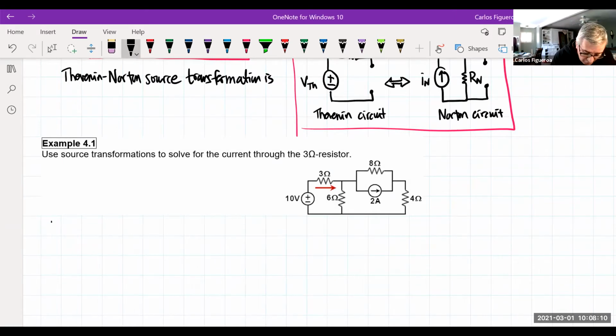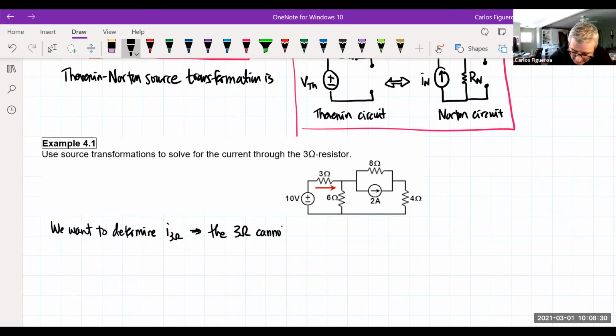The fact that we want to determine the current of the 3 ohm resistor implies that the 3 ohm resistor cannot be touched in the circuit with source transformations.